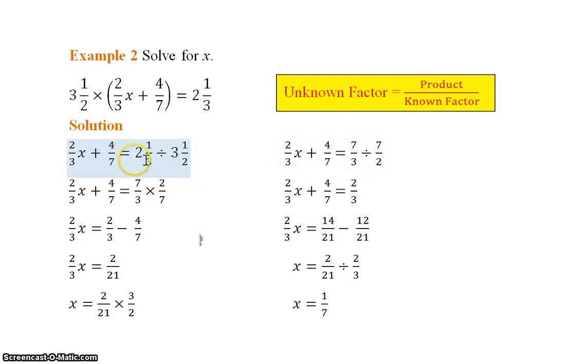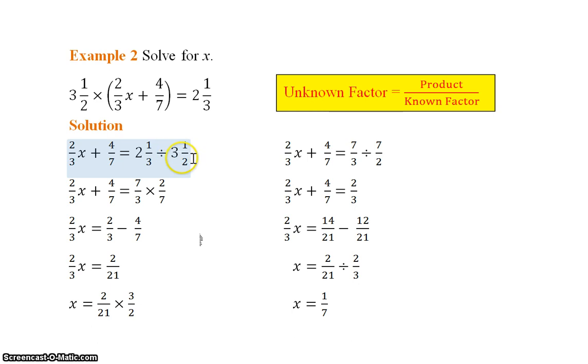In the right side of the equation, which we got right now, we have to divide two mixed numbers. 2 and 1/3 we have to divide by 3.5. In order to divide these two mixed numbers, we convert them into improper fractions. 2 and 1/3 is 7/3, because 2 times 3 is 6, plus 1 is 7.